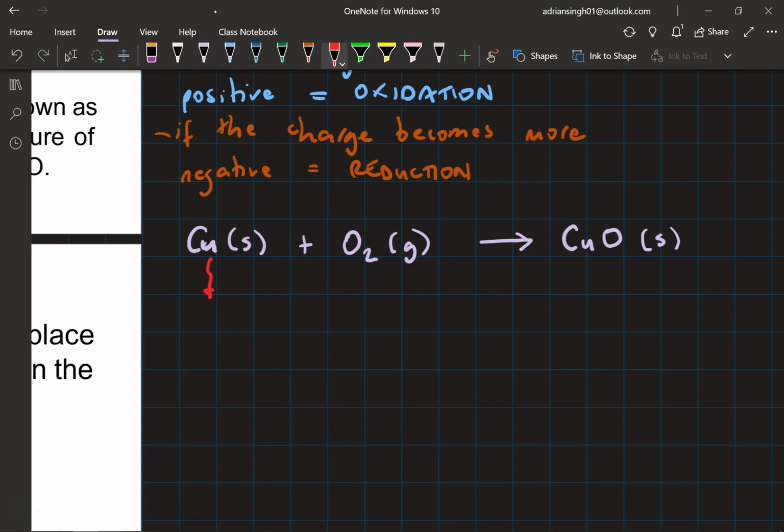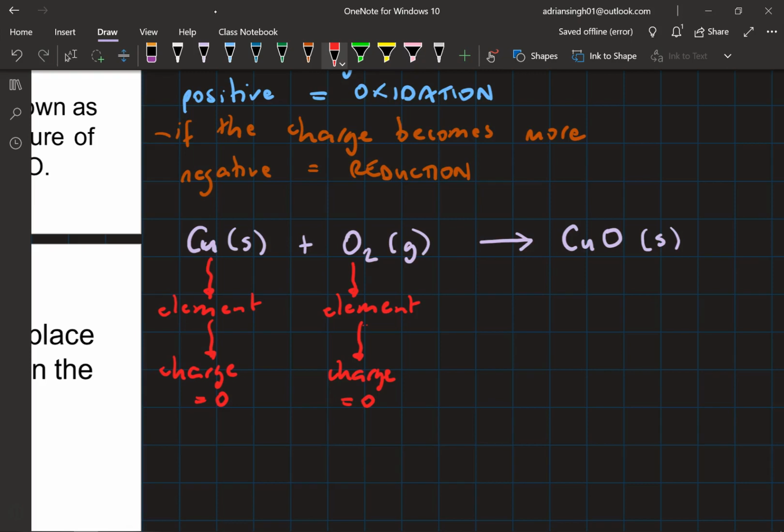Copper here is the metal, in its elemental form, so the charge here is 0. Any element is going to have a charge of 0. Similarly, oxygen occurs naturally as a diatomic molecular element, so its charge is also going to be 0.